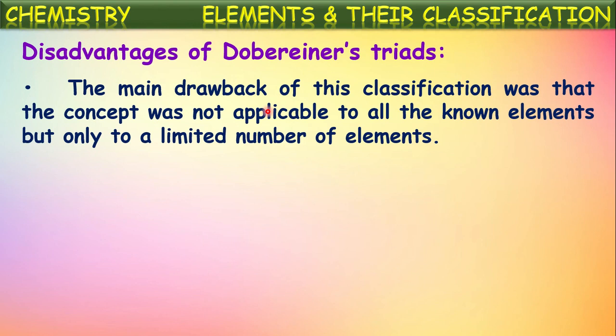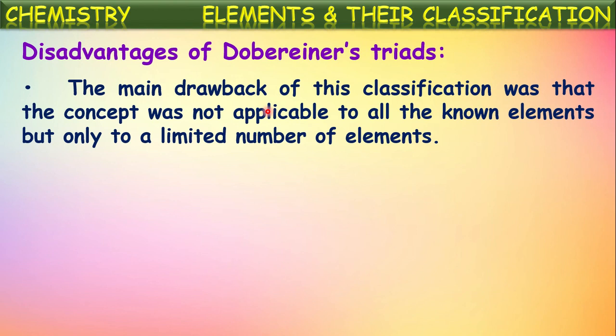Dobereiner could classify only some elements into these triads. He could not classify all the available elements into triad sets because their chemical properties were different.